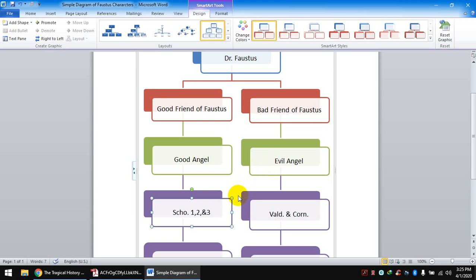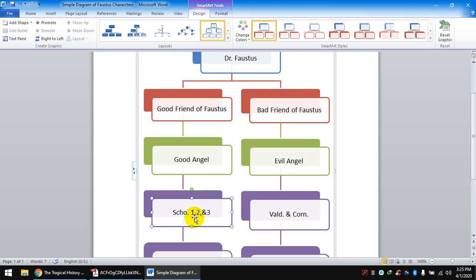In the first scene, we also have Valdes and Cornelius. They are also bad friends of Dr. Faustus, who helped him from their knowledge and their experience of practicing magic.